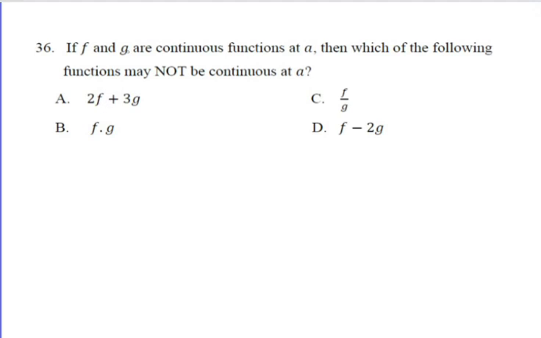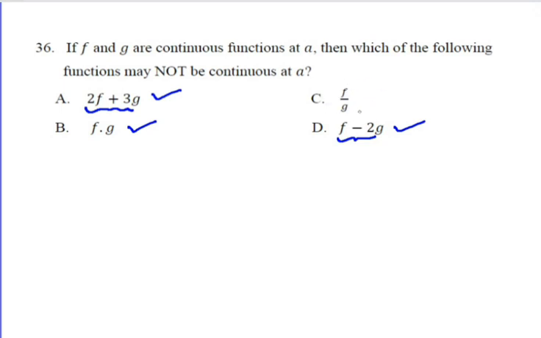If f and g are continuous at a, the linear combination is also continuous at a, and their product is also continuous. Here we have f minus 2g, a linear combination of the two functions, so it is continuous.